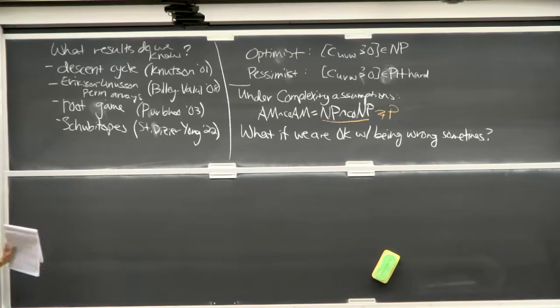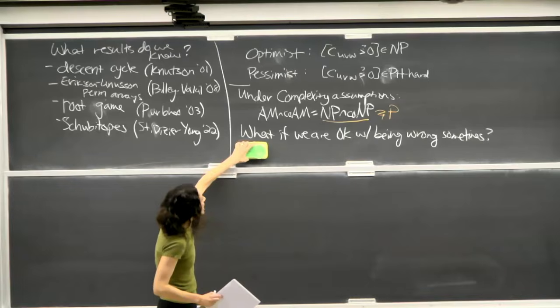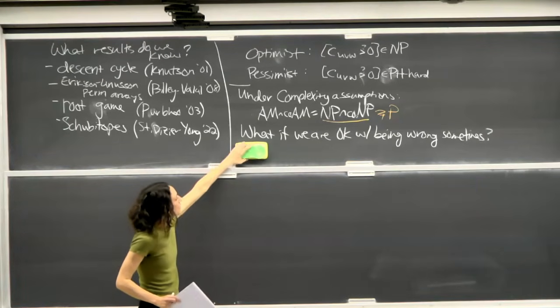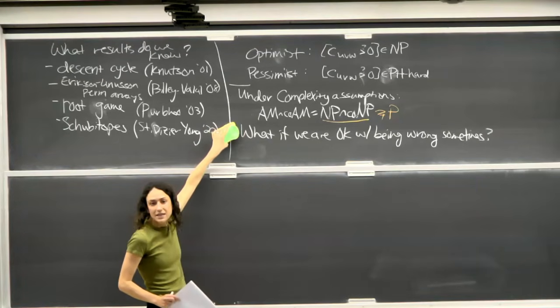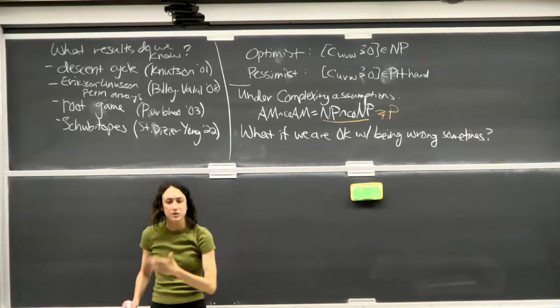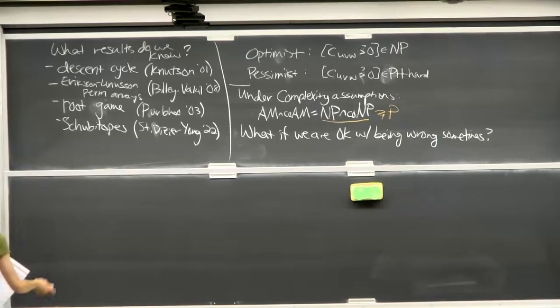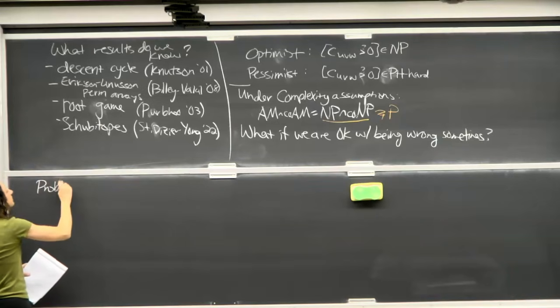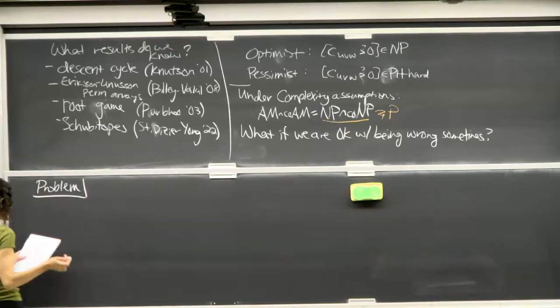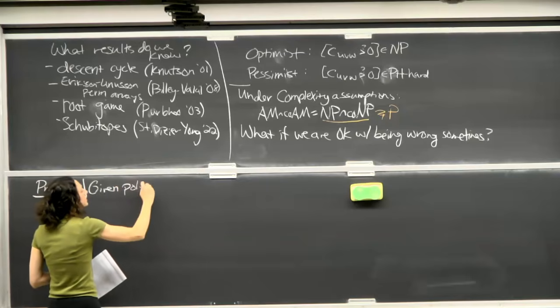Okay, and so I'm going to pause from talking about this Schubert story and talk about a natural problem that is of this flavor, where we have some probabilistic way to solve the problem, but not a deterministic way. Okay, and so what is that problem? Let's take two polynomials.